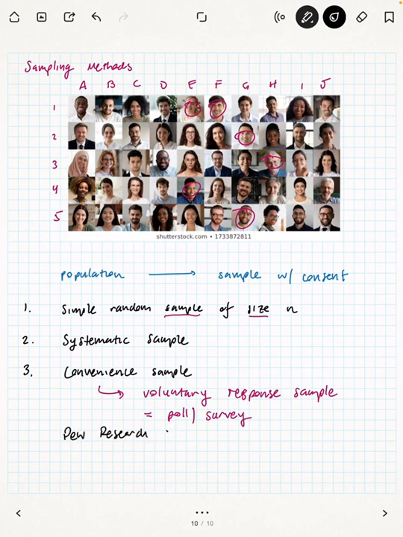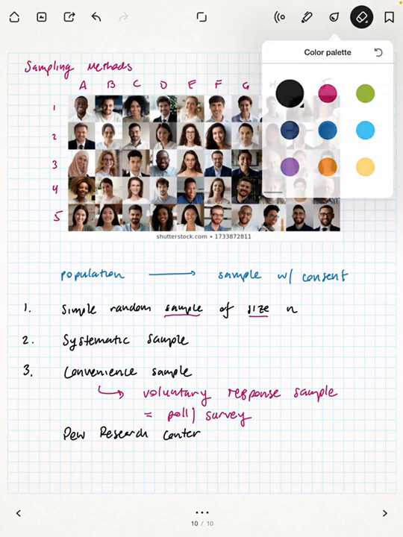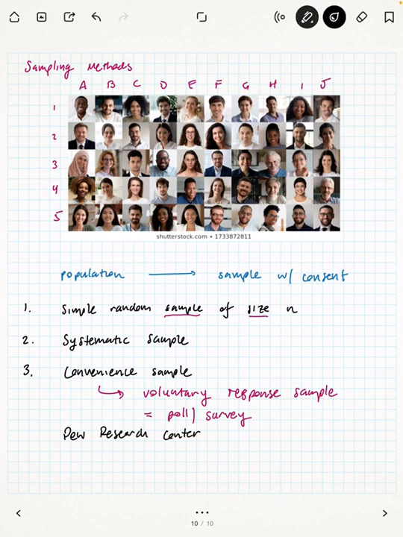But they have safeguards so that they are actually covering a large enough swath of the general population that this convenience sample, the people who respond to the survey, are specifically selected to be as representative as possible of the population, right? And then this is an example. So, example.